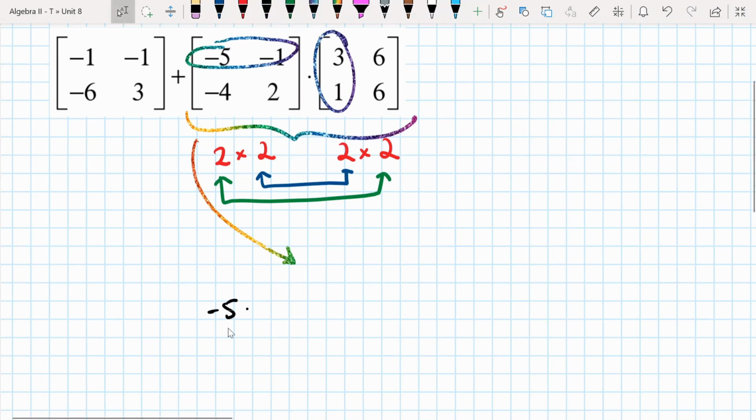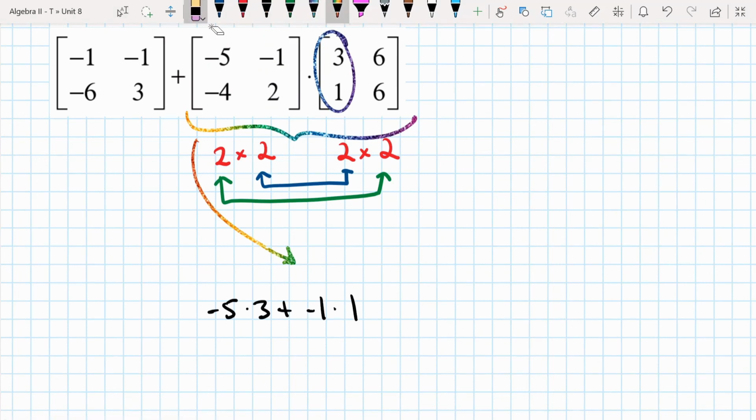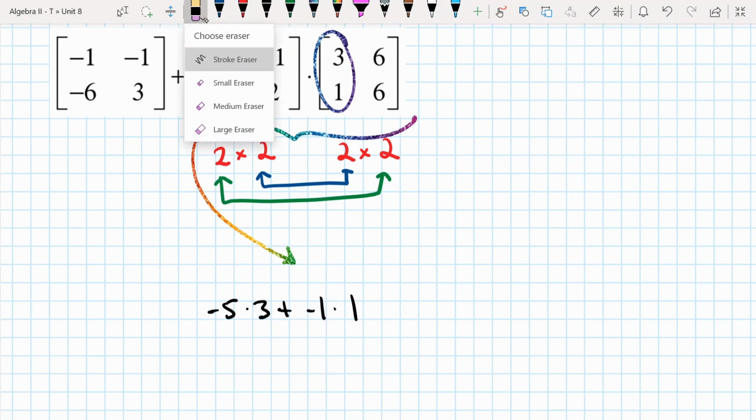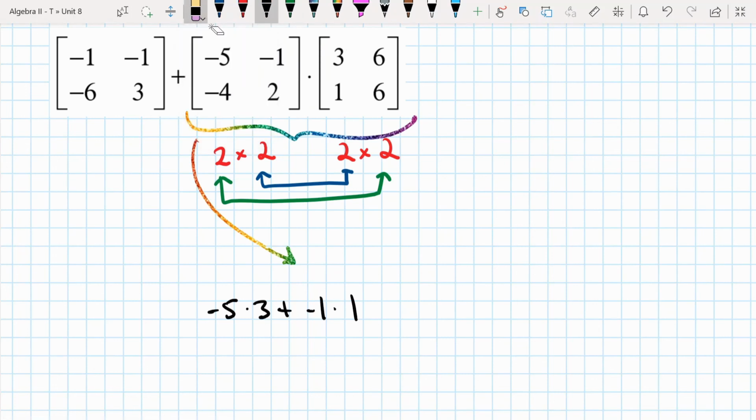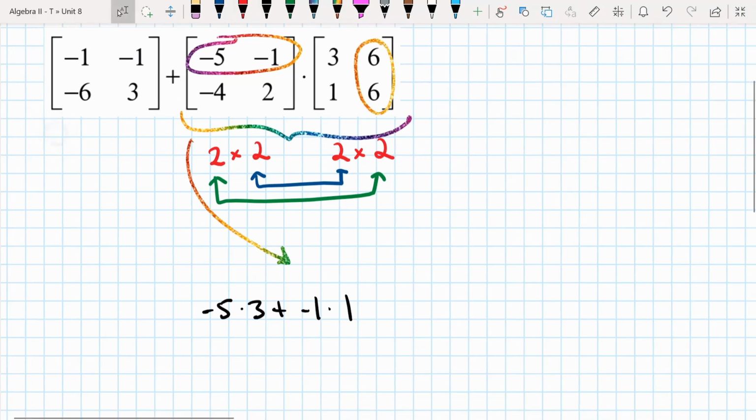Negative 5 times 3 plus negative 1 times 1. First row, sorry, I'm trying to get the colors right. First row. And then second column. That's going to be over here. So we get negative 5 times 6 plus negative 1 times 6.